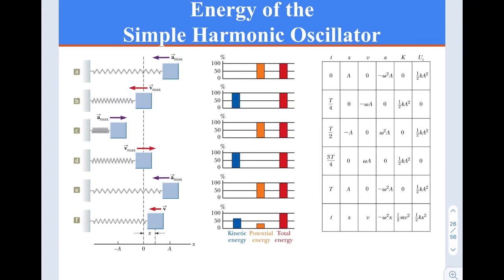And then after that, when the block moves and reaches x equivalent to 0 for the first time, as we know, Fs here is going to be 0 because Fs is equivalent to negative Kx. Here x is 0. At this instant, Fs equivalent to negative Kx, which is 0, because the x is 0.